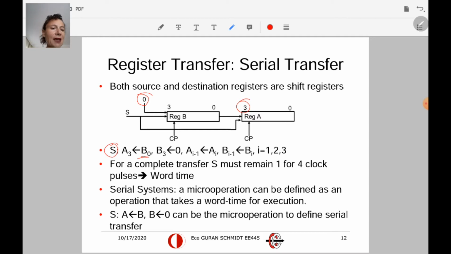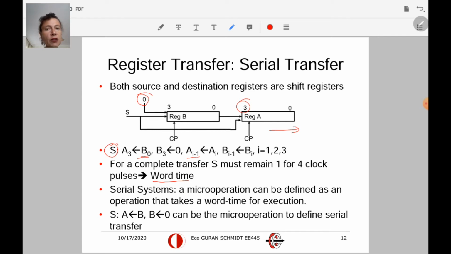And if you look at A(i-1), because we are doing a shift right, A(i-1) is going to be written by A(i), and B(i-1) will be written by B(i). Now, for a complete transfer, S has to stay active for 4 clock pulses. That is the word time. We talked about it in logic design.